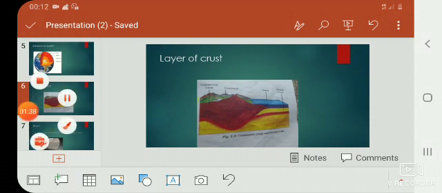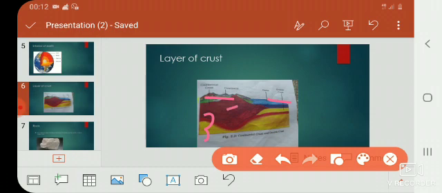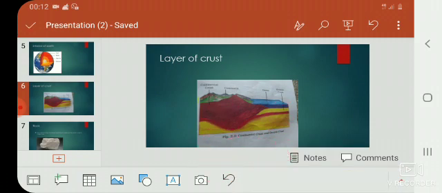Continental crust, see here you can see it is just continent, it is land, and this is ocean. This continental crust is about 35 kilometers, and this ocean floor is about 5 kilometers.